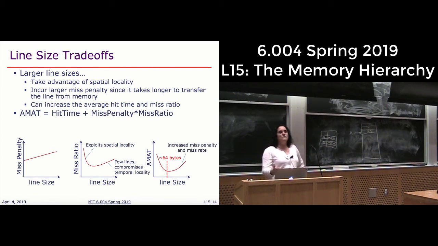And so if I put the two of these together, we find that there is sort of this optimal size, which typically is around 64 bytes or so. And so when we use this line size, then we get the best performance from our cache, or something like that. And so that's what you'll typically see in modern processors.